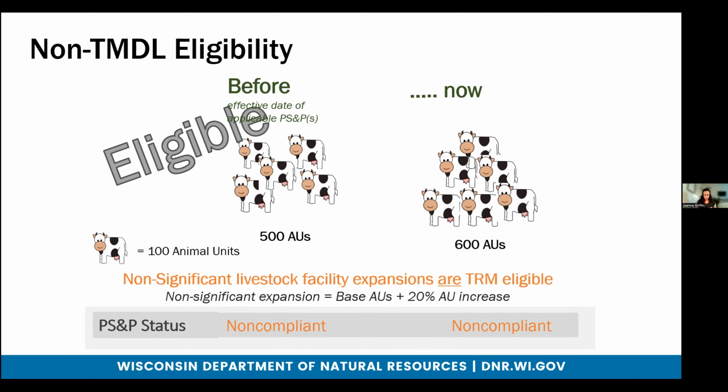That's because the magnitude of expansion is not significant as defined by NR 153.15. A non-significant expansion is the base animal units plus 20% of the animal unit increase. So non-significant livestock facility expansions are TRM eligible.